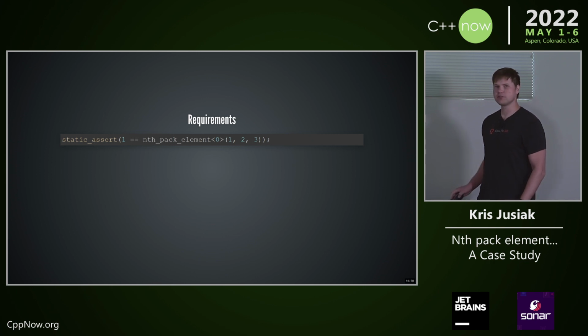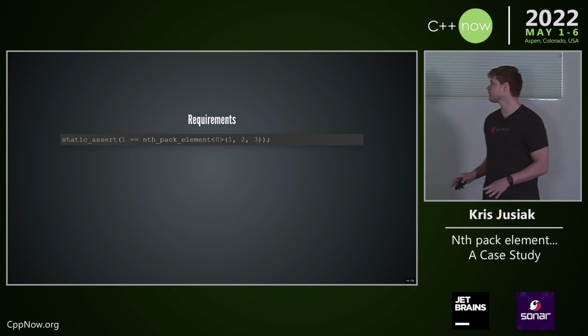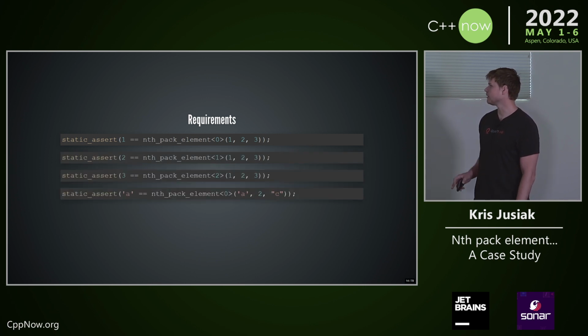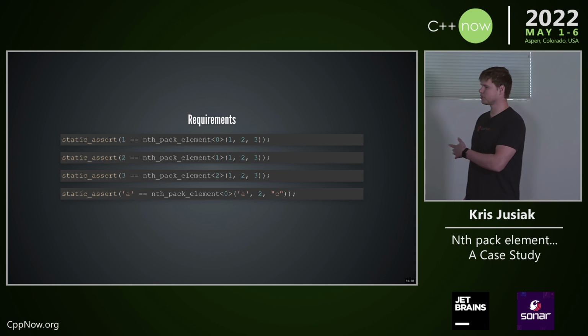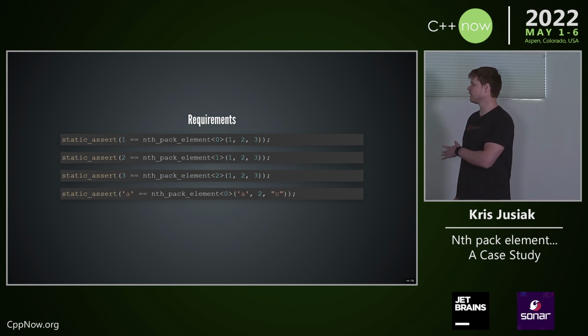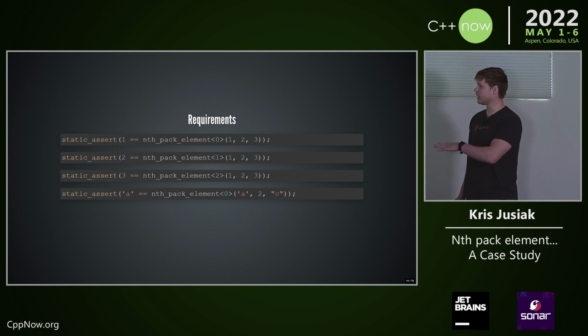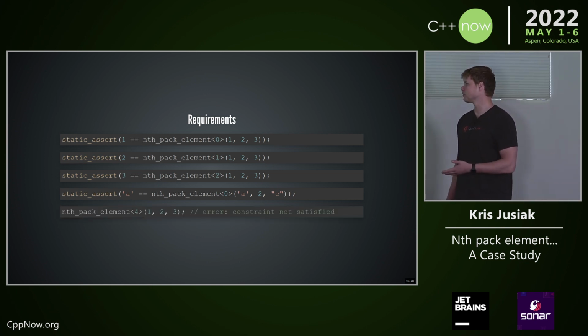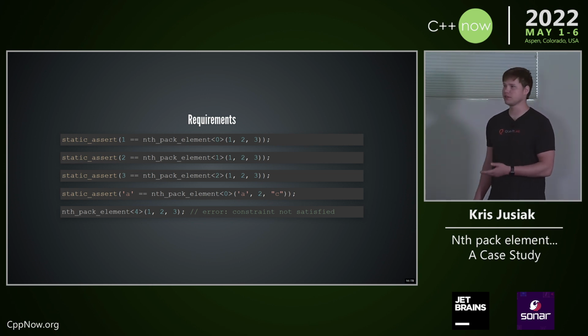In order to verify all the solutions, we'll look at some requirements. If you pass 0, we get the first element, 1 the second, and so on. Because one solution won't be applicable to different types, we will add that as a requirement as well. We obviously would like compilation to fail for an element which is not there.